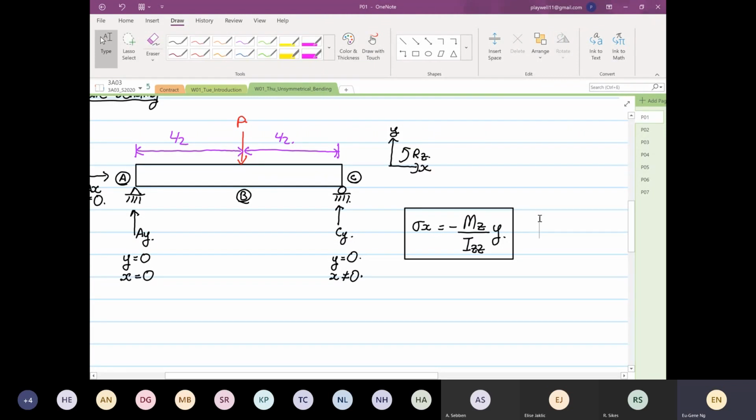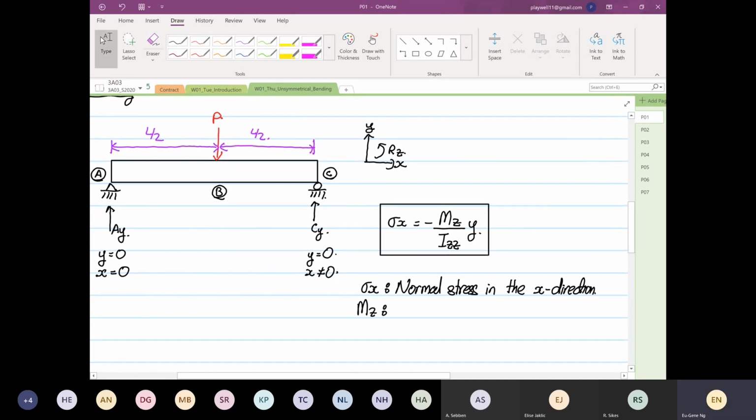Stress x is the normal stress in the x direction. Then you have Mz, the applied moment in the z direction.